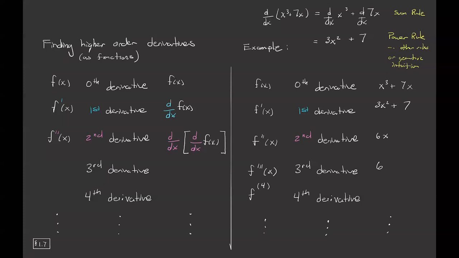If it's the 20th derivative, it would get a 20. In this case, we're looking at the fourth derivative, so that's why I'm putting a little 4 here. In parentheses, that's critical. Without the parentheses, it'll look like a multiplication of the function over and over, like the function to the fourth power. So no, this is the fourth derivative. If we compute the slope of the tangent line to this curve, a constant function, that slope will always be 0.